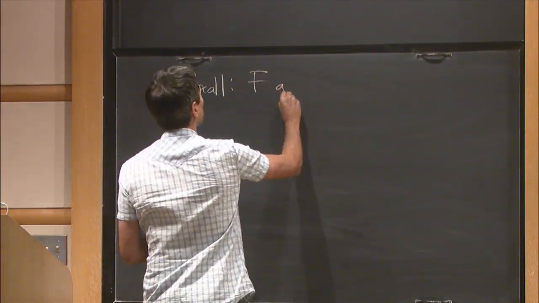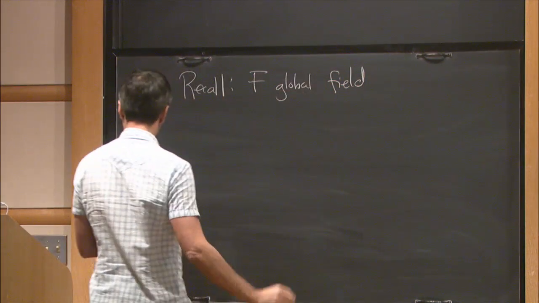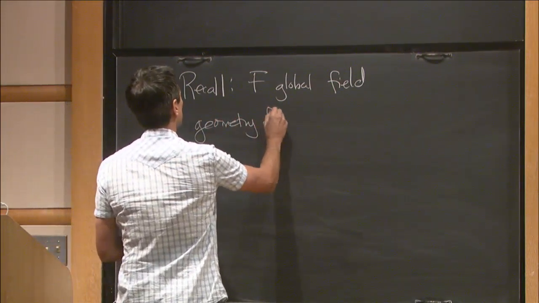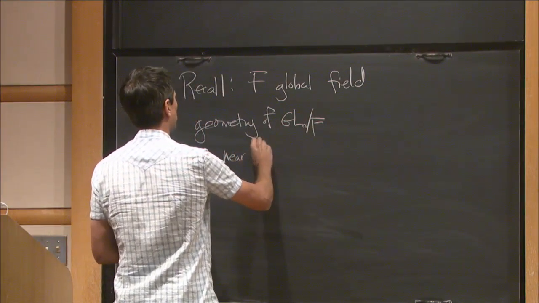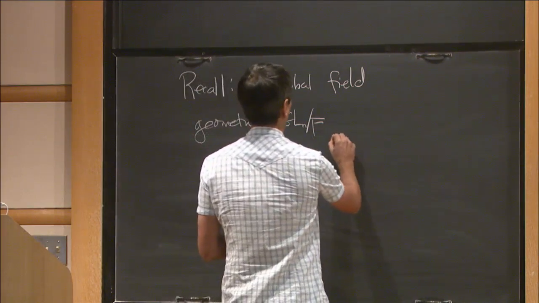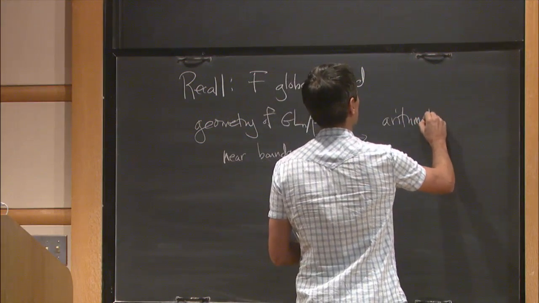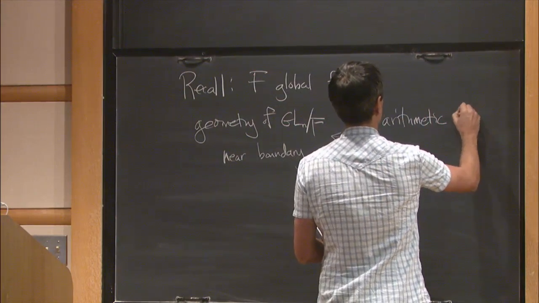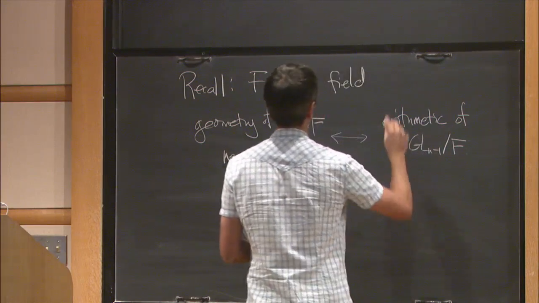for F, a global field, the geometry of GLN over F, somehow near a boundary component, or mod Eisenstein, should, in some way, which we were making specific when n is 2 and the field is Q, give you some information on the arithmetic of GLN minus 1 over F. So that's the philosophy.